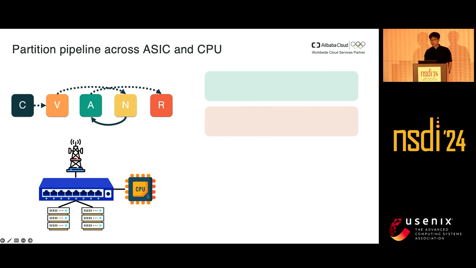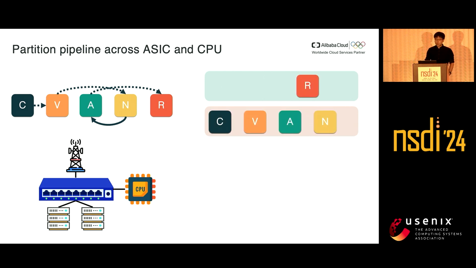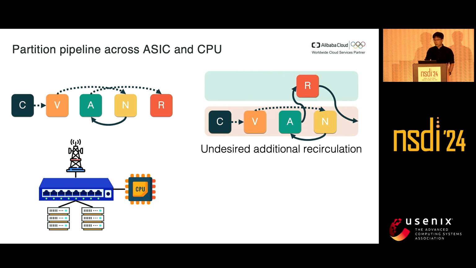On the bottom, we can see that the CPU is not directly connecting to the network, so any traffic going to the CPU will go to the switch again. That requires another recirculation. So if we just randomly assign the routing network function to the CPU, all the first 3 steps are as expected, but the last step will introduce an undesired additional recirculation. That actually violates our throughput target.